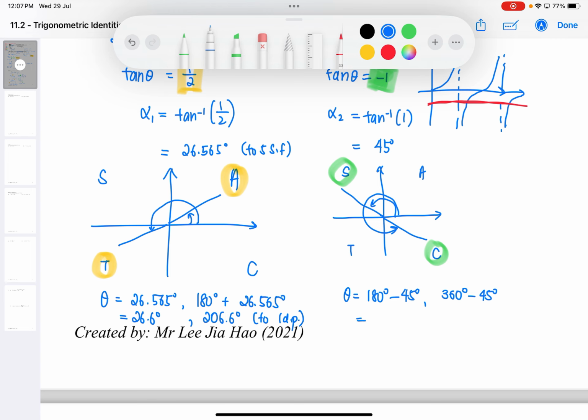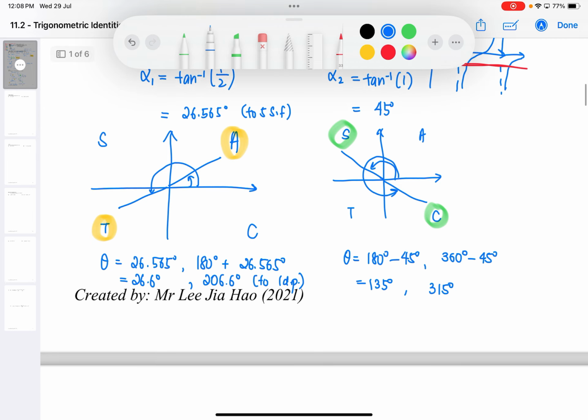So you will get 135, 315. Then therefore theta is 26.6, 135, 206.6, 315. Please arrange in ascending order so that it's easier for my eyes.